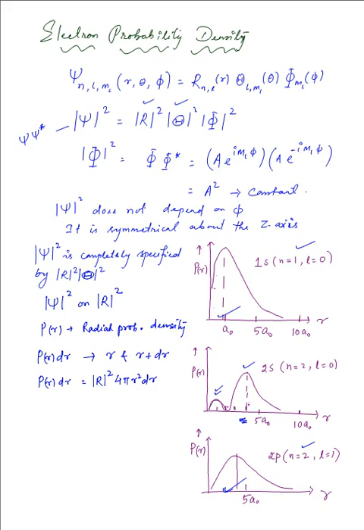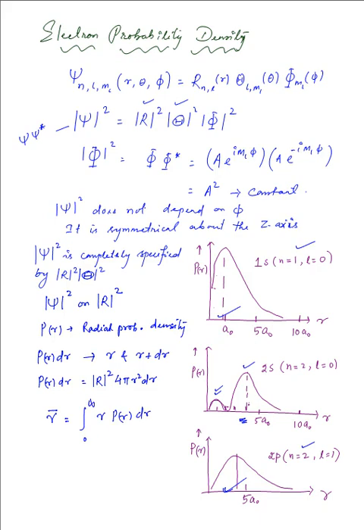Now the average distance of the electron from the nucleus can be given as, let us say, r bar, and that is the integral from 0 to infinity of r P(r) dr.